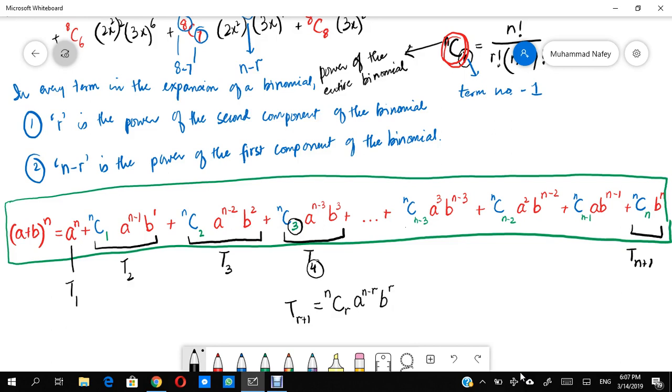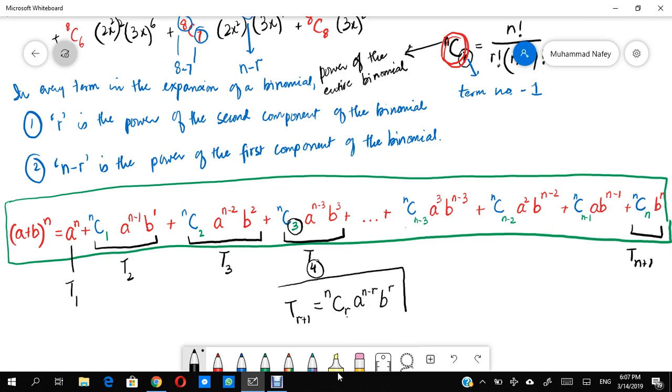Why? Because this was a third term and this was a fourth term, sorry, and therefore we have r as 3 here. So this is term number r plus 1. So we'll have nCr here. And we know that r is the power of the second component of the binomial. So b gets the power of r. What about the first component? It's n take away r.